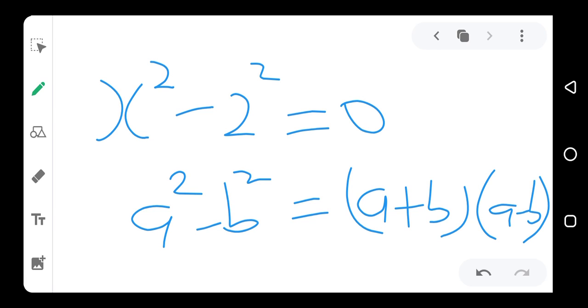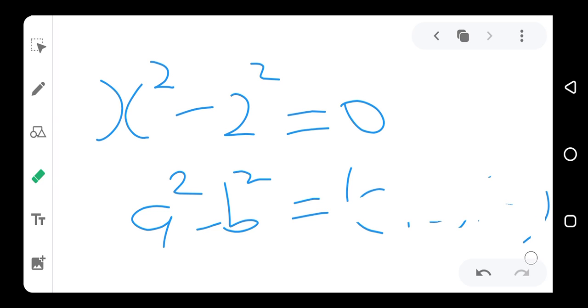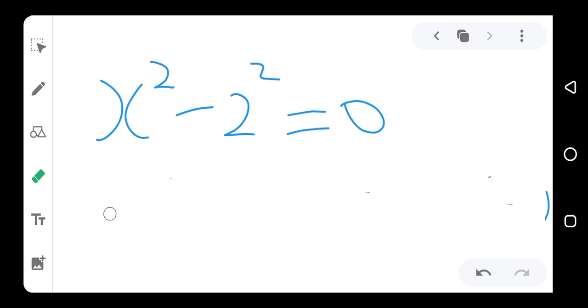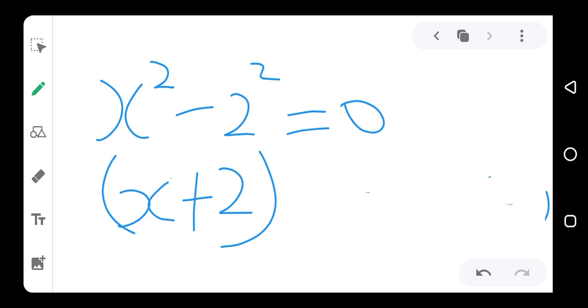So if we take a squared to represent x squared and we take b squared to represent 2 squared, we are going to have (x plus 2)(x minus 2).